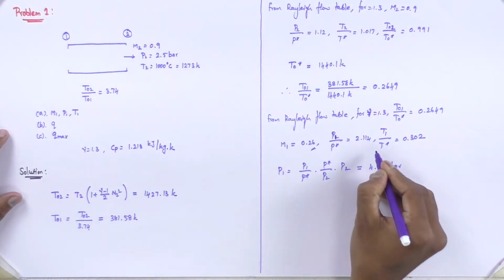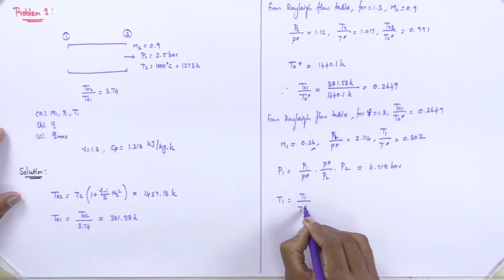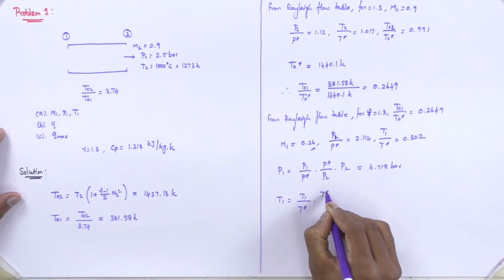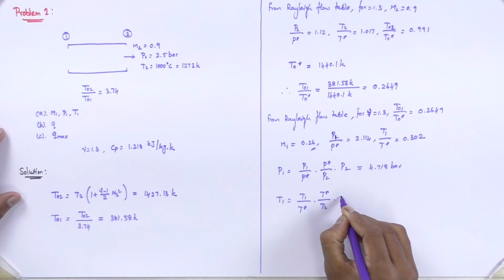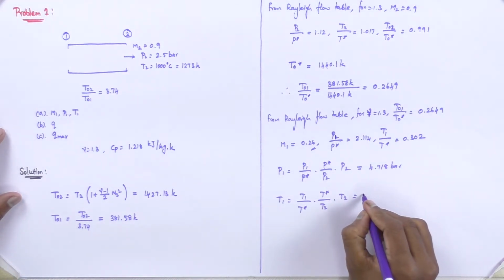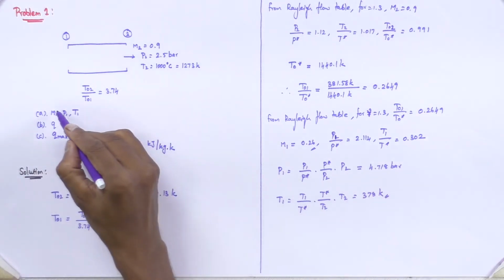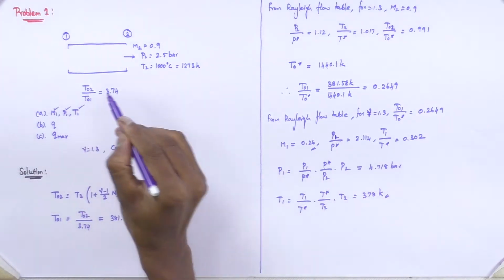Similarly, we can calculate T1. This is equal to T1 by T star, then T star by T2 into T2. After the calculation we get 378 Kelvin. So we have calculated M1, P1 and T1.